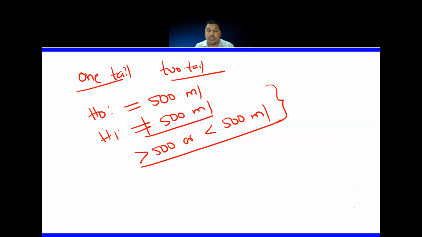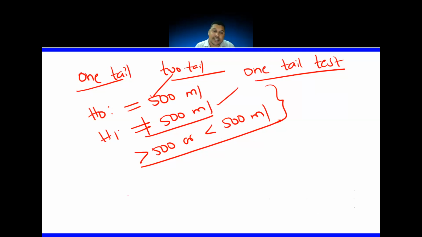When you want to prove that it is just not equal to 500, it is a one tail test. And when you want to prove it is greater than or less than, you want to give a comment about greater than 500 or less than 500. In that case, you have to apply a two tail test.